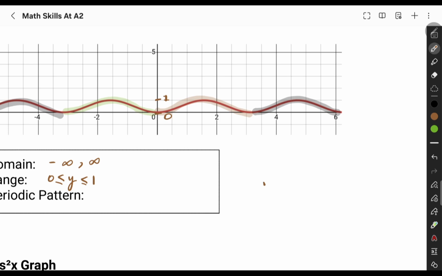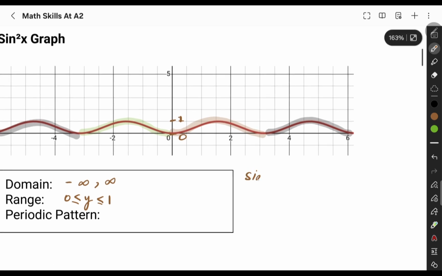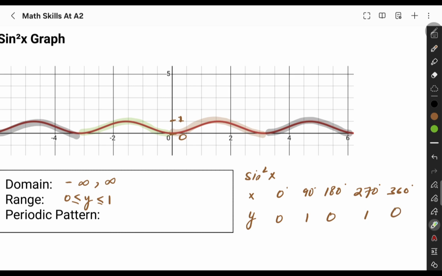So what I'm going to do now is take sin²x, and take the x value and y value. So for x, I'm going to put 0 degrees, 90 degrees, 180 degrees, 270 degrees, and 360 degrees. Once you plug it in, you should get 0 degrees as 0, 90 as 1, 180 as 0, 270 as 1, and 360 as 0.